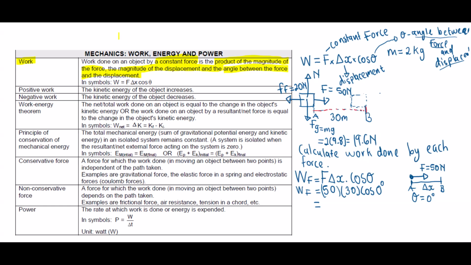Now the work done on this object by the force F is going to be 1,500 newtons, right?